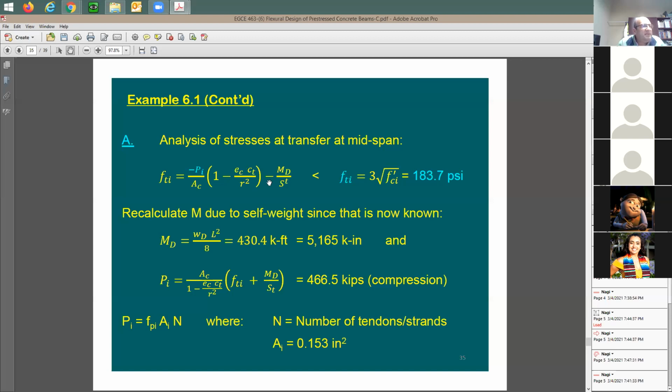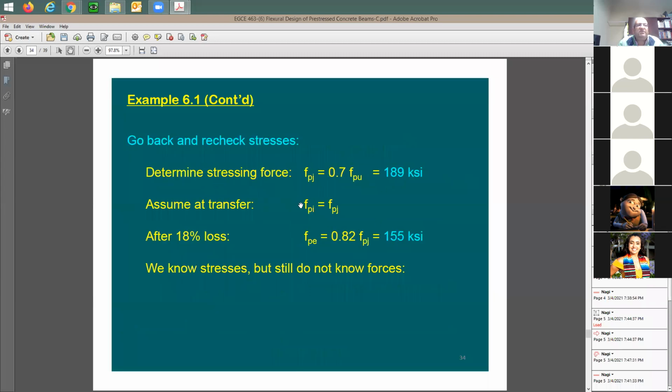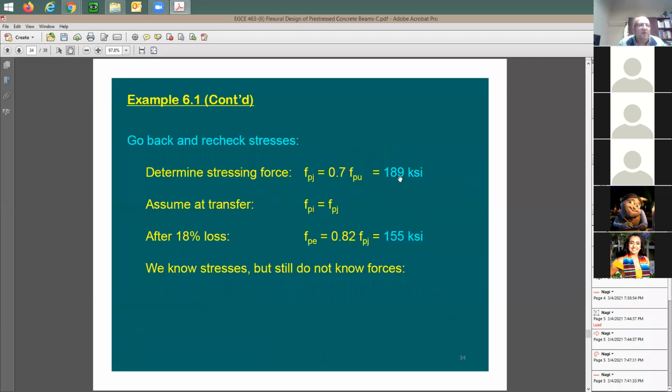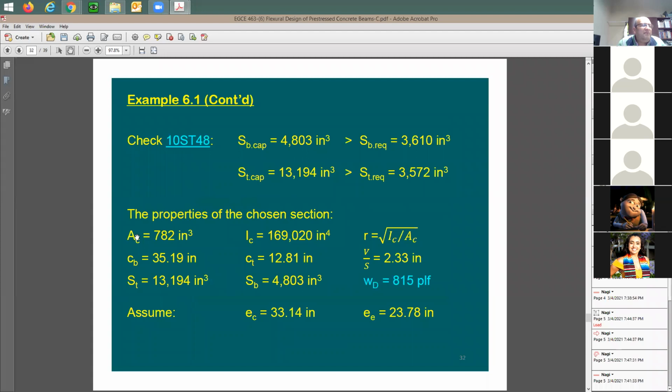Because if you look at this equation here, this dead load, you have it. Now you have it because you picked the section. See what happened? We picked the size of the section, which means now we have the cross-section area, we have C top, C bottom, S top, S bottom, we have all of this nice information, r squared and the whole thing.